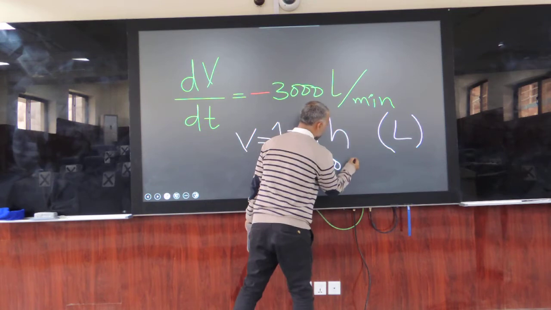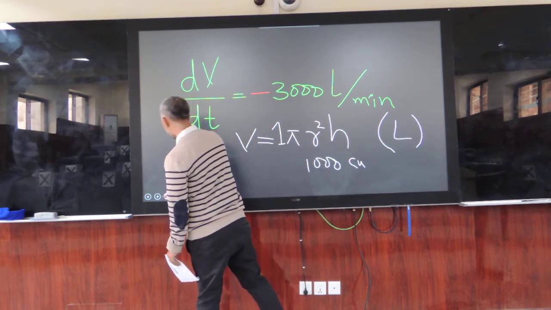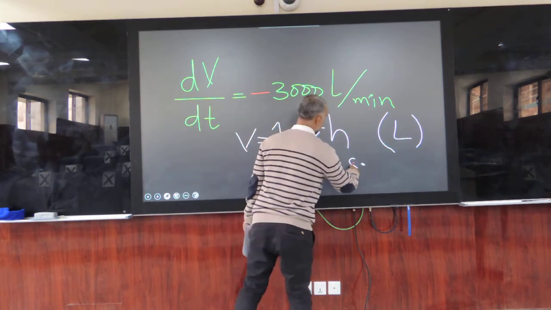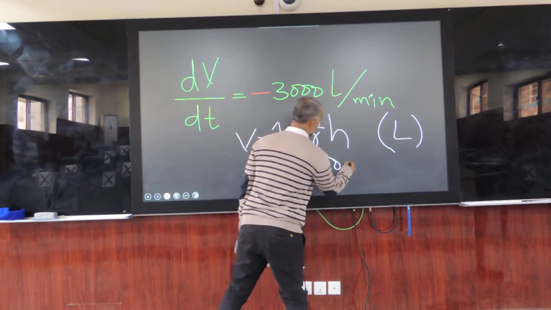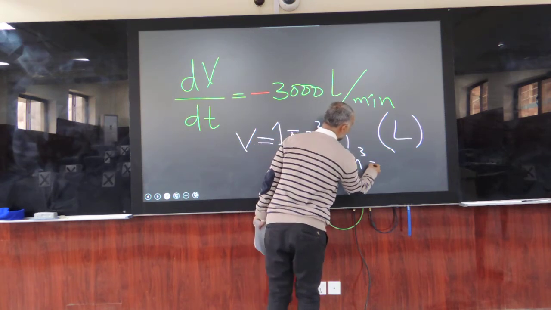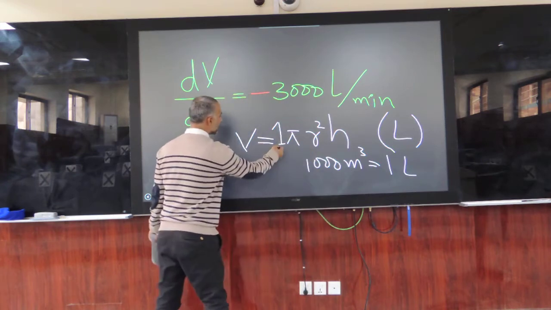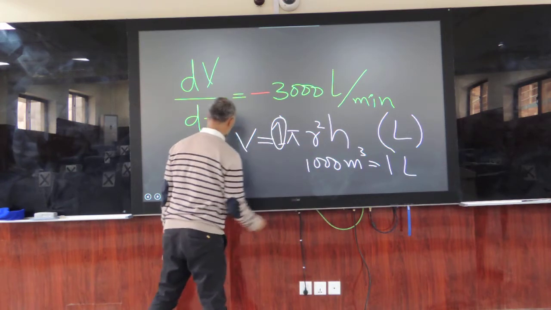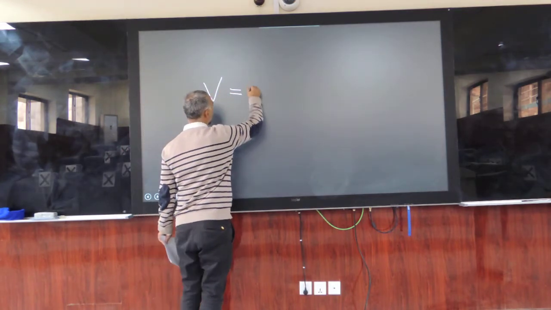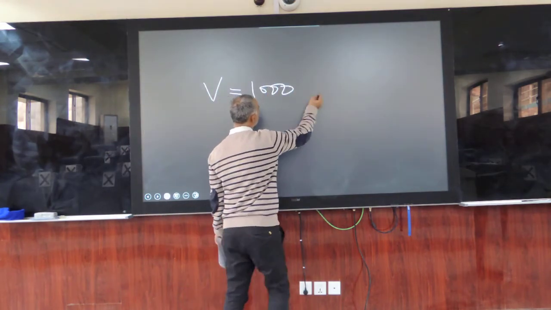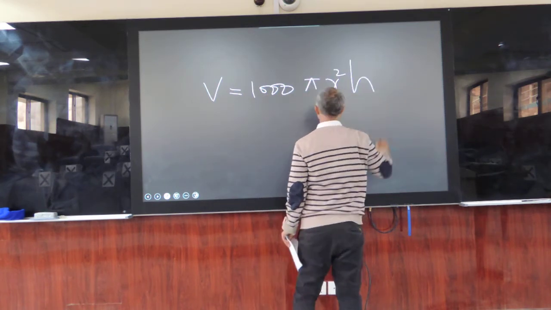1000 liters equals 1 cubic meter. Now we change this 1 to 1000, so V equals 1000 pi r square h.